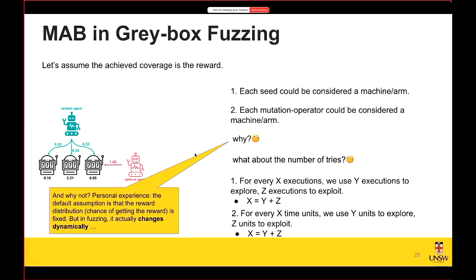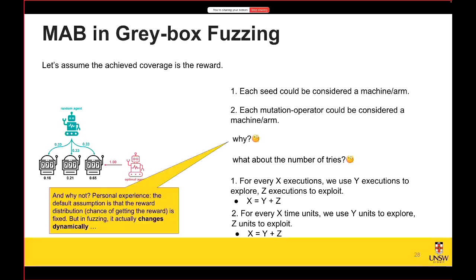But this is a very subtle point. Sometimes we know that this is a very good analog. We can try to model gray box fuzzing as a multi-arm bandit problem. But based on my experience, this is not a good modeling, because remember the assumption for the multi-arm bandit problem is that each machine has a fixed chance of giving us a reward.